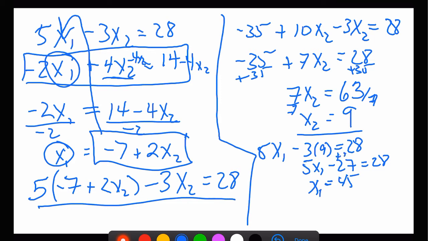Sorry. I don't know what I'm talking about. Add 27 to both sides. So 5x1 is 55. So x1 equals 11. Does that work? Hopefully you followed that mess.